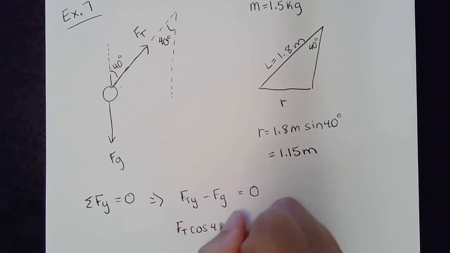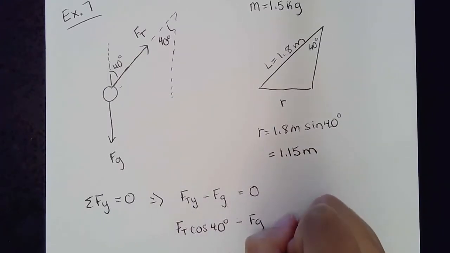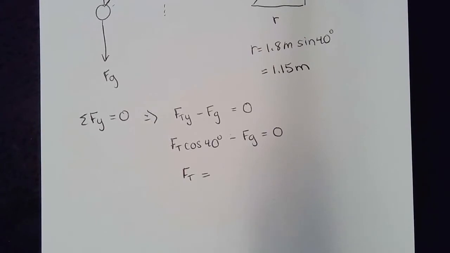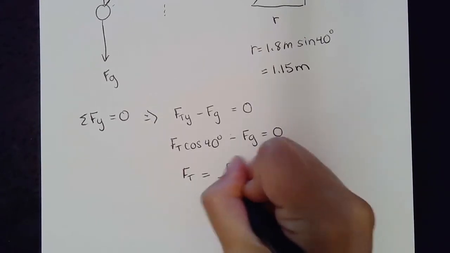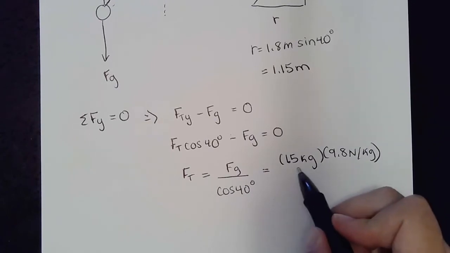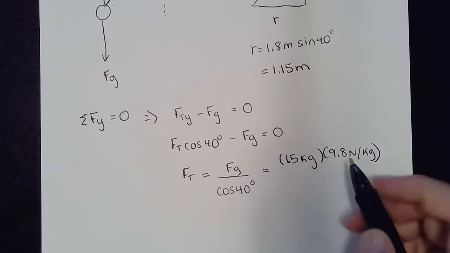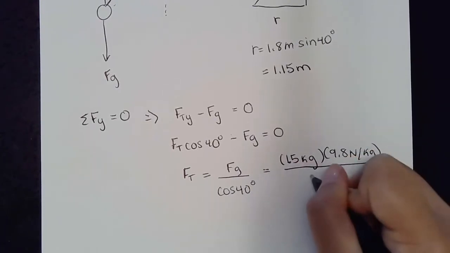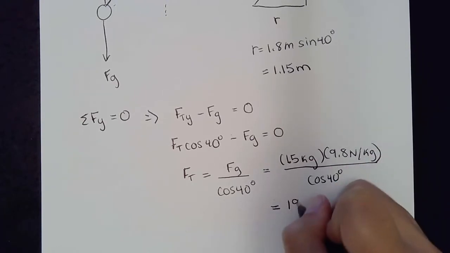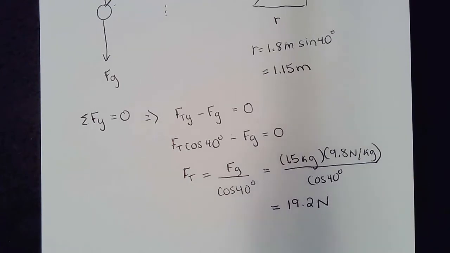So Ft cos 40 minus Fg equals 0. Ft equals Fg over cos 40. So this will be 1.5 kilograms times 9.8 newtons per kilogram over cos 40, which is 19.2 newtons.